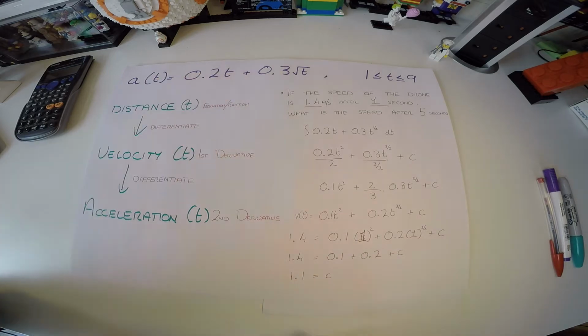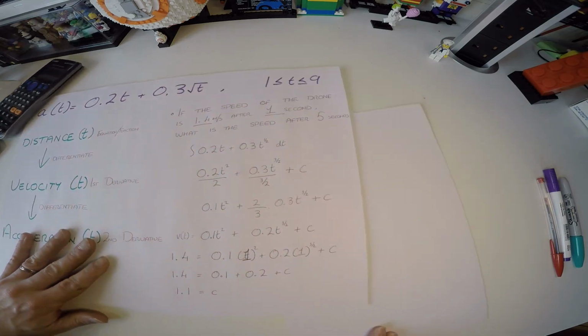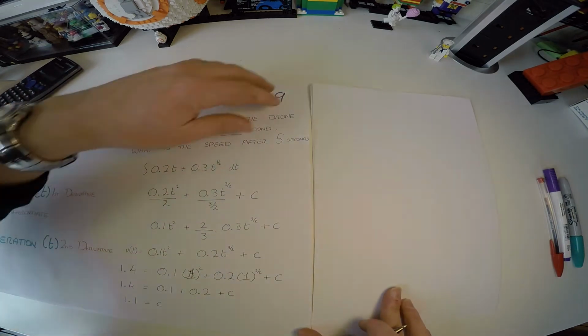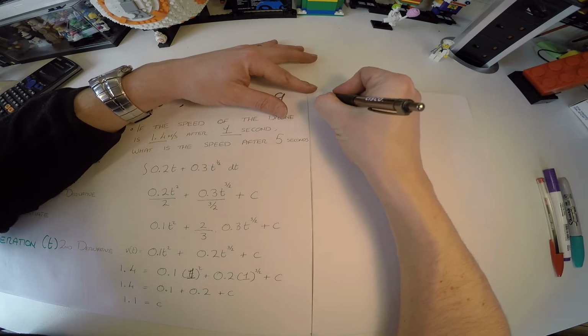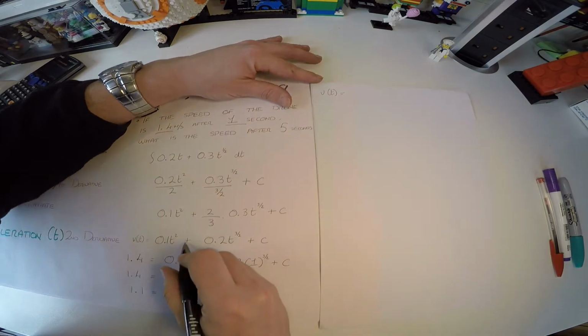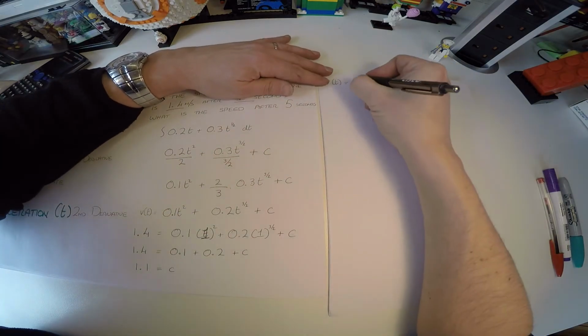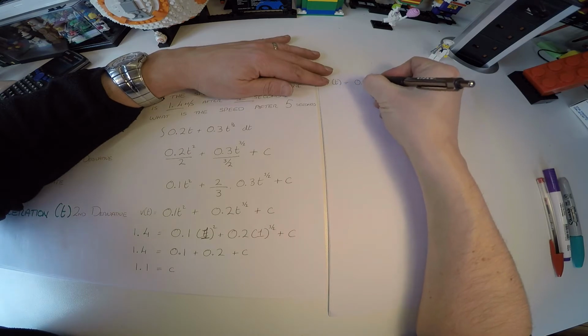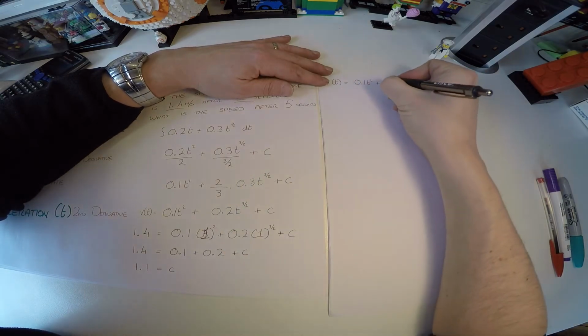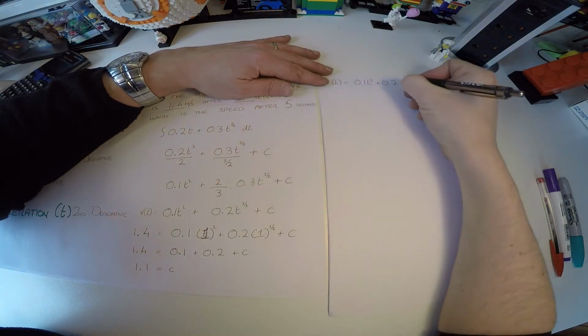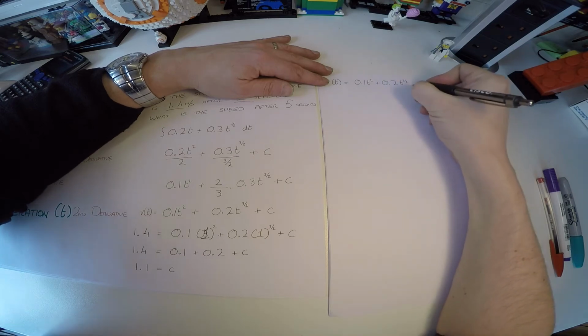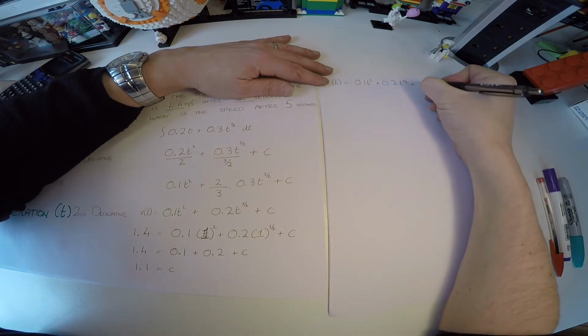So we can see that 1.1 is actually c. So we have our velocity function without a c. It is 0.1 t squared plus 0.2 t to the 3 over 2, and now plus c, which is 1.1.